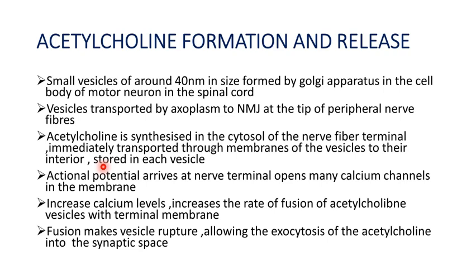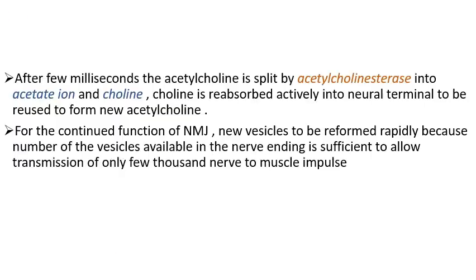Now the action potential arrives at the nerve terminal, which will open many calcium channels in the membrane. When the level of calcium increases, the rate of fusion of acetylcholine vesicles with the terminal membrane also increases. Then the fusion makes the vesicles rupture, allowing the exocytosis of the acetylcholine into the synaptic space.